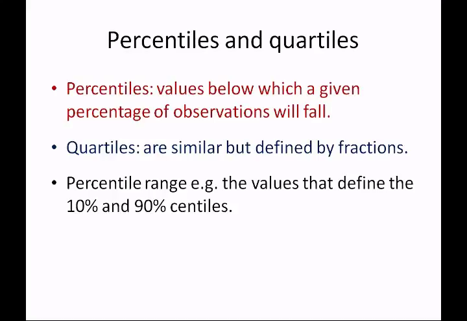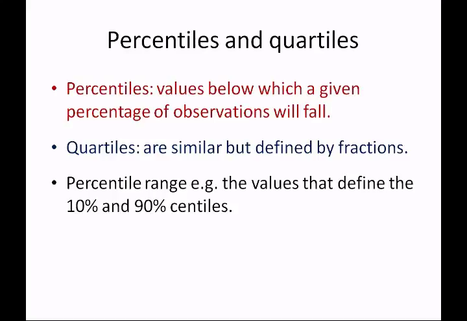Sometimes you'll see reference to a percentile range. In this example, the values that define the range are the 10% and the 90% centiles. So this range excludes the lowest 10% and the highest 10% of your observations.